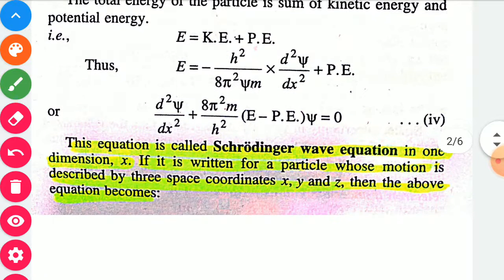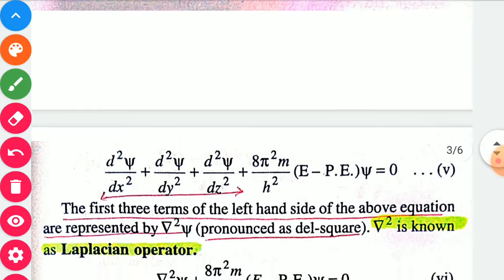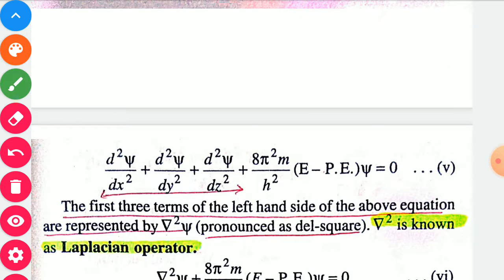So if it is written for a particle whose motion is described by three space coordinates, that is x axis, y axis and z axis, then the Schrodinger wave equation can be written as d square psi upon dx square plus d square psi upon dy square plus d square psi upon dz square plus 8 pi square m upon h square in bracket total energy of the particle minus potential energy bracket close psi is equal to 0.